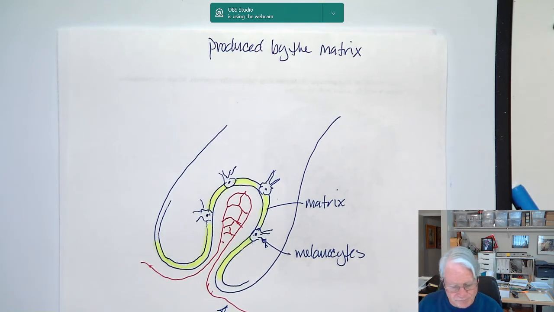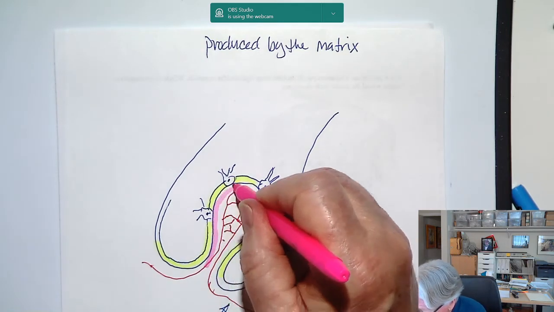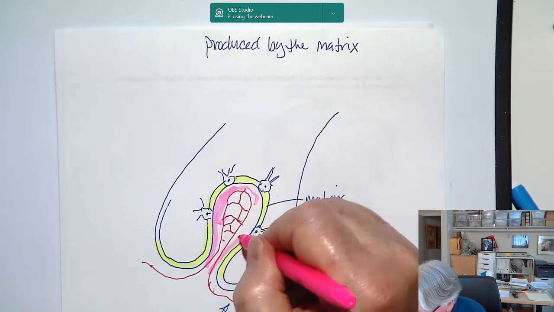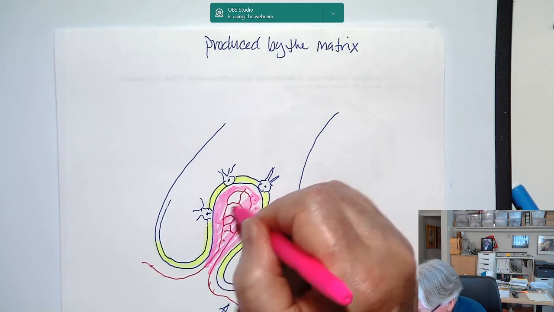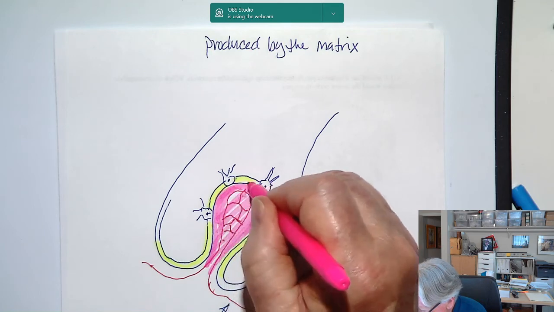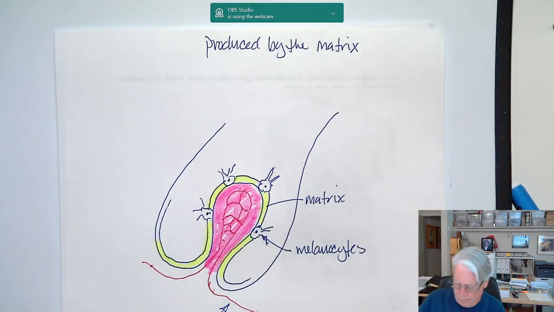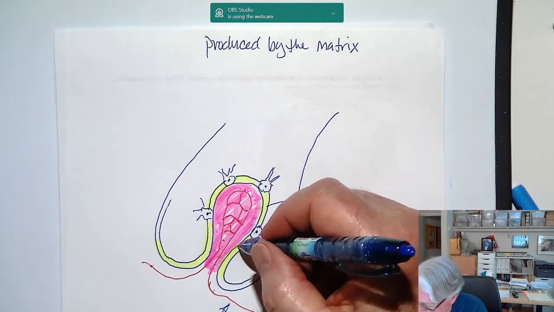Okay. And let's fill in this space here with a little bit of pink. And that's going to be our areolar connective tissue.